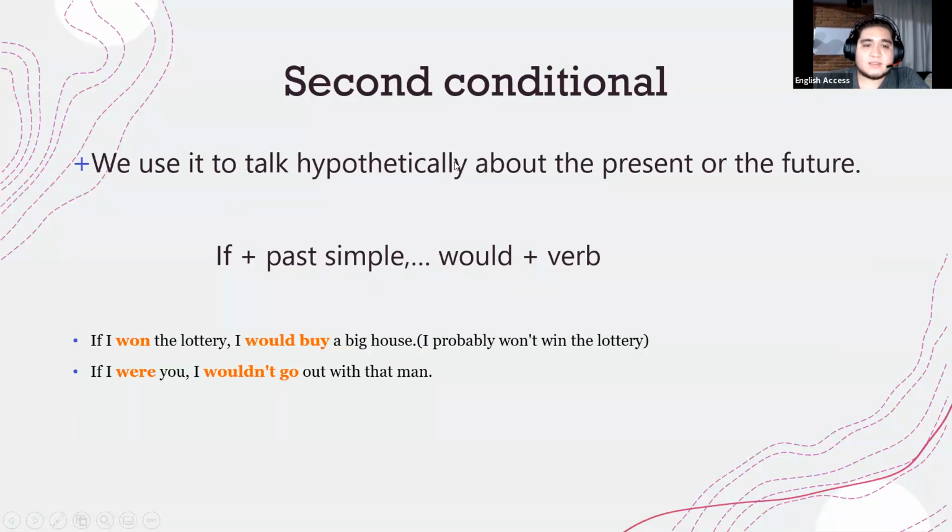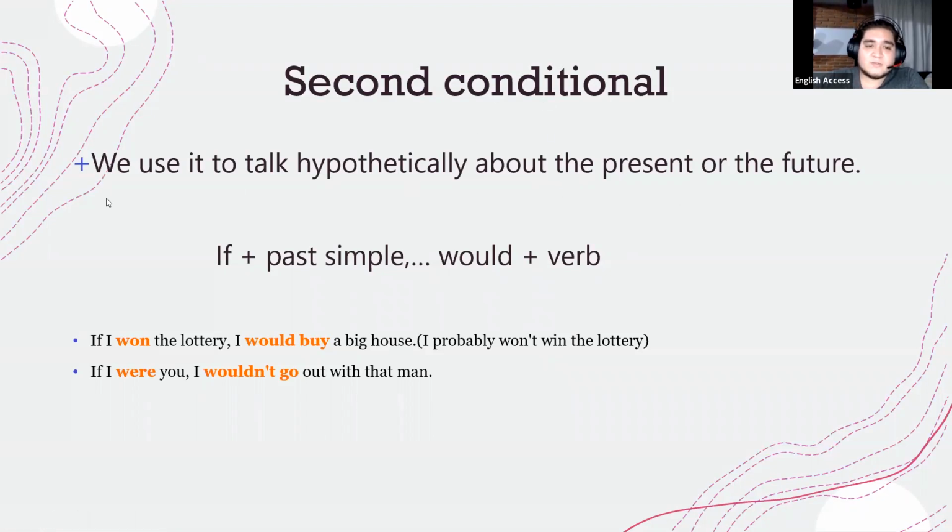Now, we have here the second conditional. The second conditional is used to talk about the present or the future, but hypothetically. Remember, I told you that the first, the second, and the third conditional are to talk hypothetically about something. Well, this is the second conditional, and we're talking about the present or the future, hypothetically.